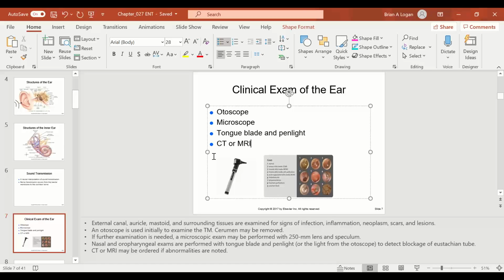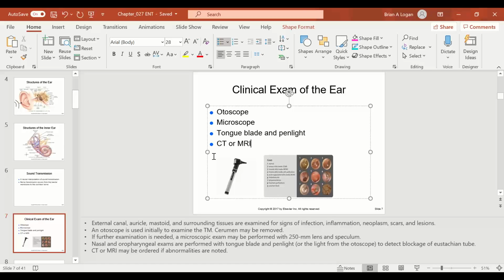But typically they'll take that popsicle stick, tongue blade, and make you say, ah. Open up and say, ah, stick your tongue out. They're pushing your tongue down so they can see into the back of your throat, into that pharynx, larynx area, looking at the tonsils.